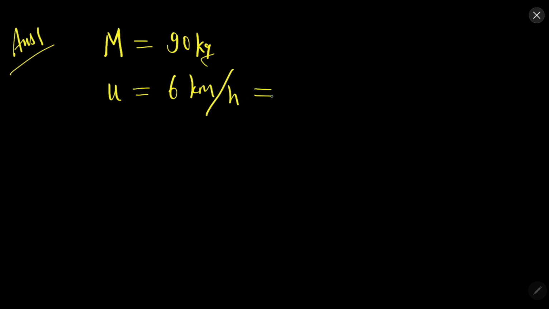So let's start with the first one. What do we have? We have the total mass, which includes the mass of the cyclist and the mass of the cycle or bike itself, which is 90 kg. Now the velocity changes from 6 to 12, that is, initial velocity is 6 km per hour. So let's convert it into meter per second.